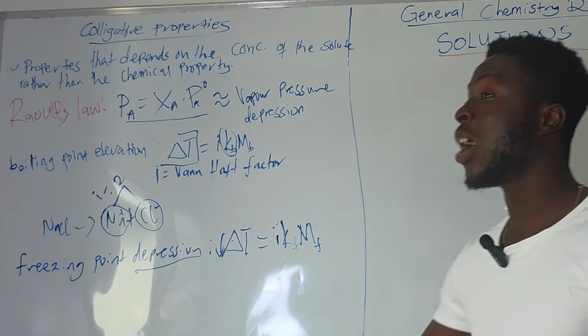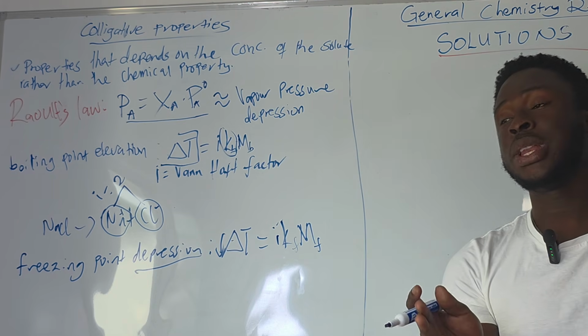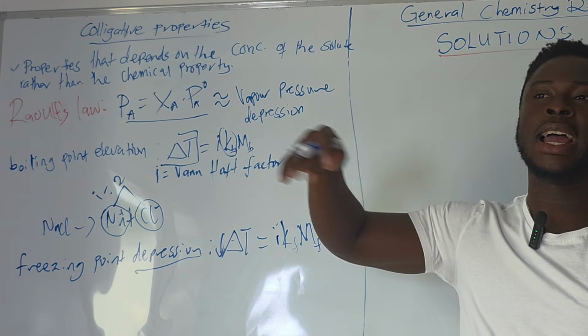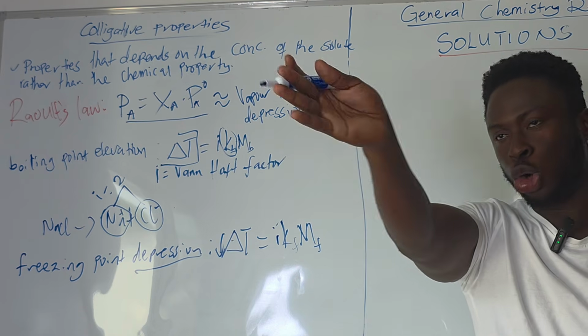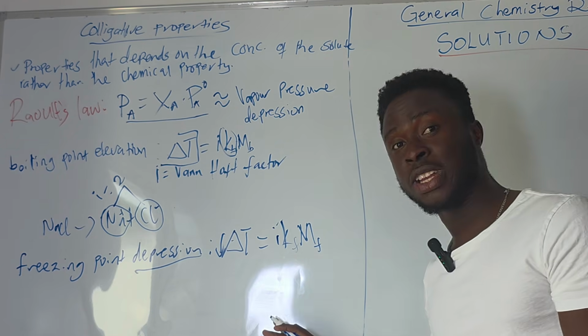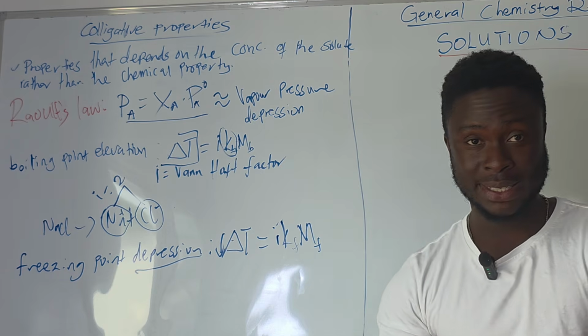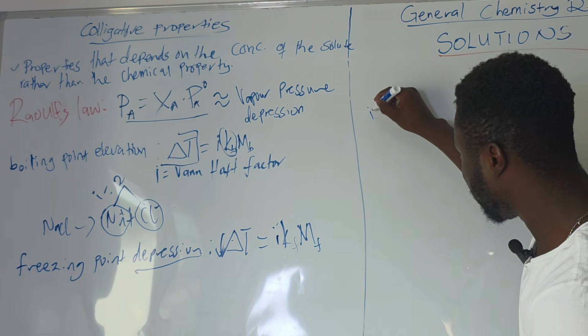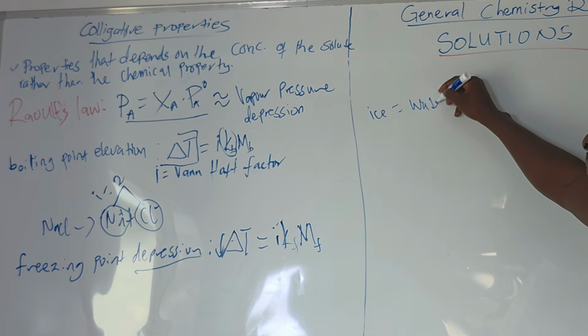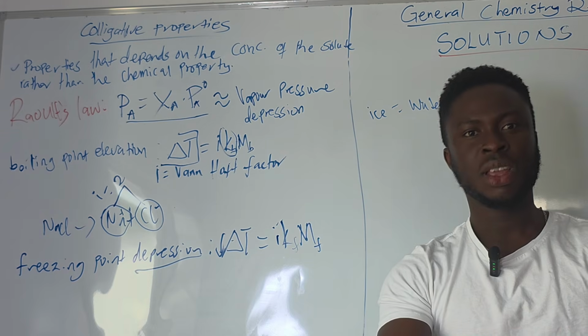Now that is why, when it starts snowing or is about to snow, you see people putting salt on the road. It's basically because of this. When the snow falls, you have ice. Now ice is basically frozen water, right?